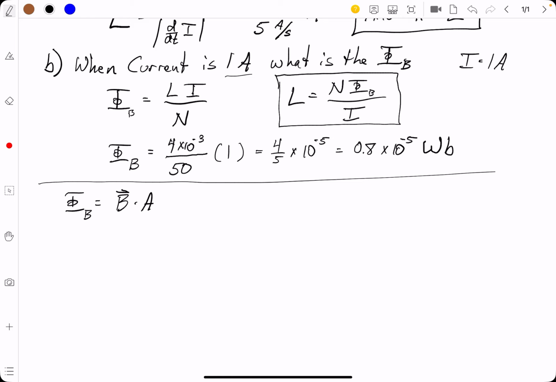We could take the derivative, and it's B dot A, which is B dot N hat times A, where N is the normal of the area, which gives us B of t times A of t times the cosine of theta of t. All right, we could have that.